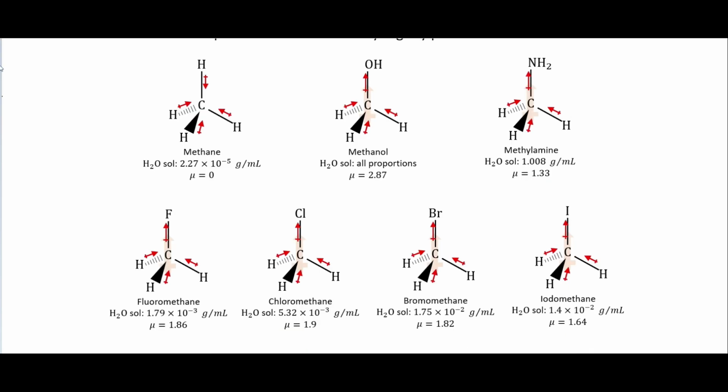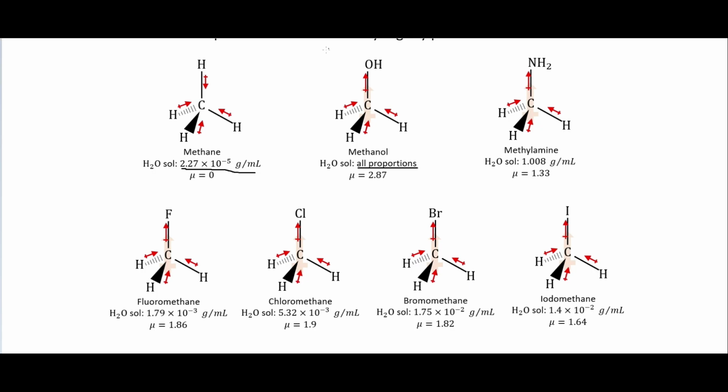And so we can see here we have methane, which is just the hydrocarbon of relatively the same size, and this has a water solubility of 2.27 times 10 to the negative 5. So that's very insoluble in water. Where methanol here we see is extremely soluble in water. So it's soluble in water at all proportions.